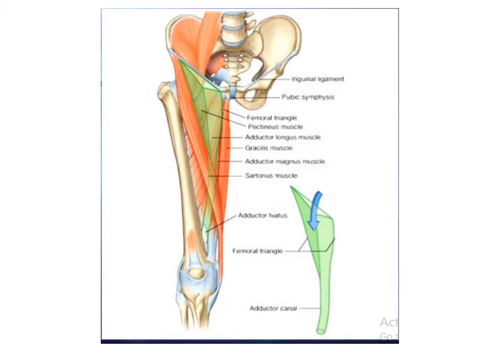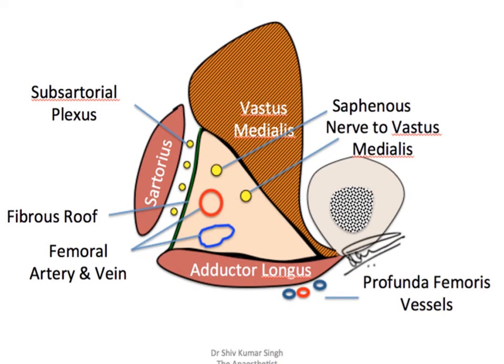The adductor canal is an aponeurotic tube extending from the apex of the femoral triangle and ending in the adductor hiatus in the popliteal fossa, bound medially by the sartorius muscle, laterally by the vastus medialis muscle, and posteriorly by the adductor longus.